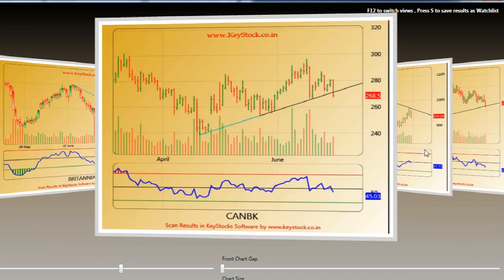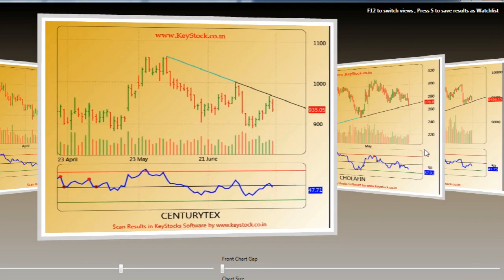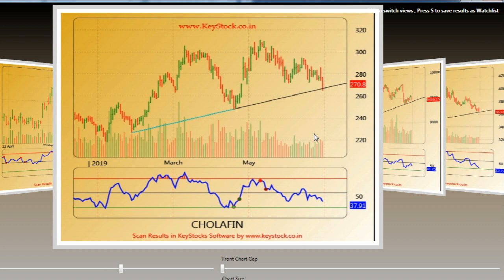This Canara Bank was also normal. The Chola Fin is also a normal slope. It might get support on this trend line, or it may break tomorrow.